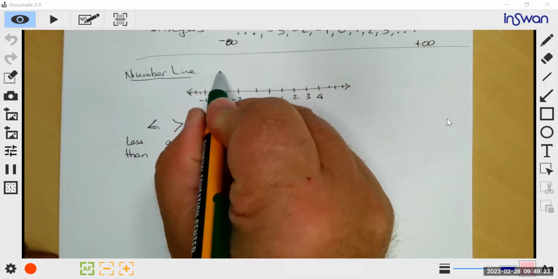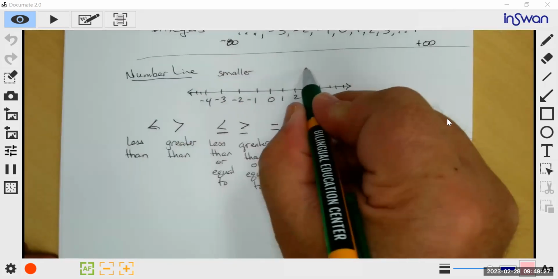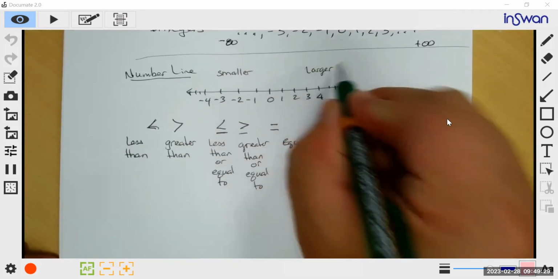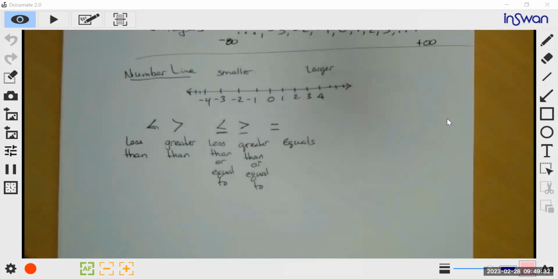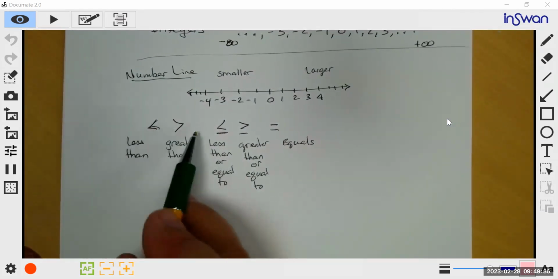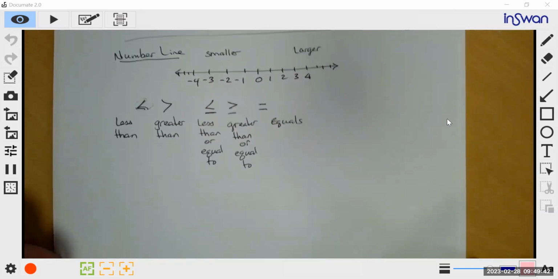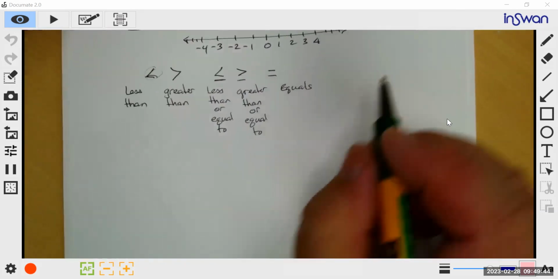Anything to the left is smaller than anything to the right. Anything to the right is larger than anything to the left. And the reason you read these is because you read left to right. This is a statement of itself. It means nothing unless you have numbers in front of it and behind it.